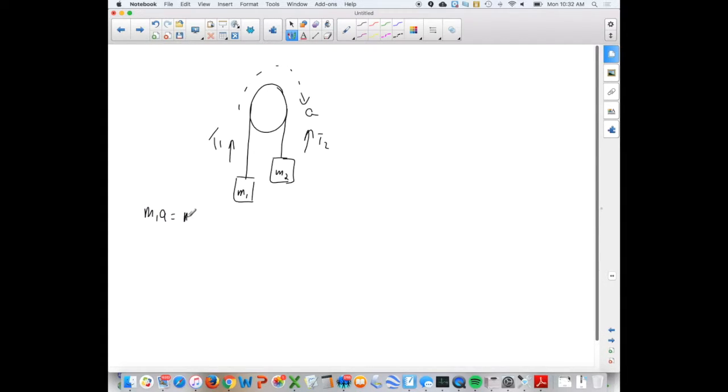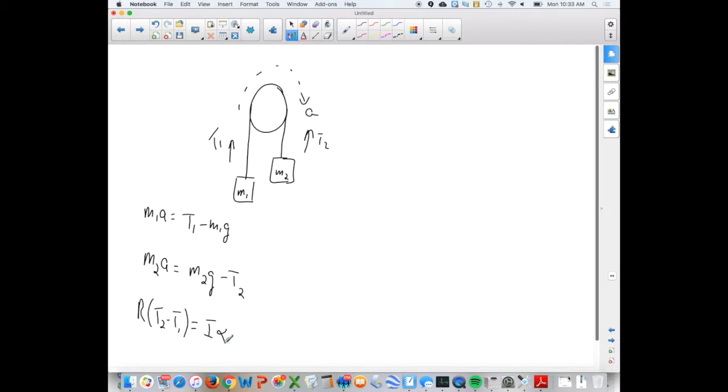M1A is T1 minus M1G, because I've assumed acceleration is in the clockwise direction. M2A is going to be M2G minus T2, and then R times, in this case, I've got to be careful, I've got a T2 minus T1 is equal to I alpha.